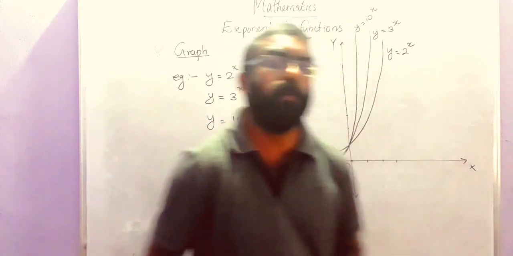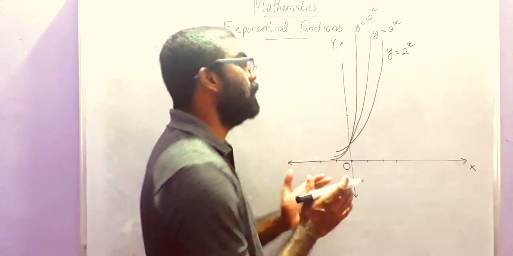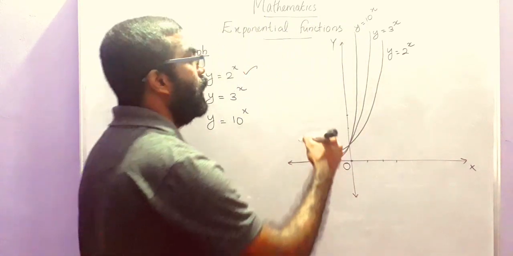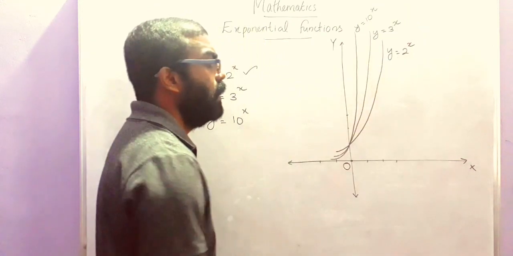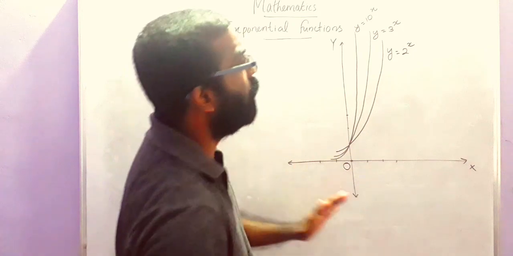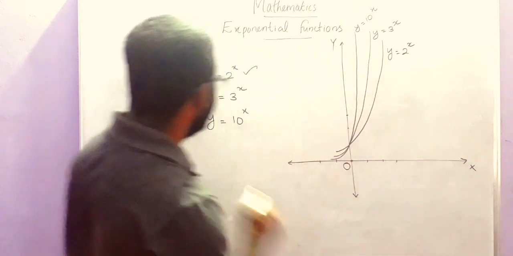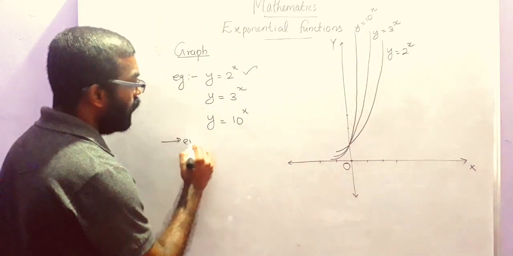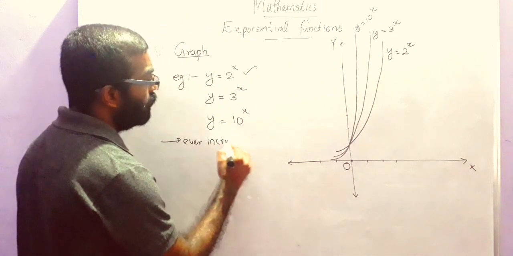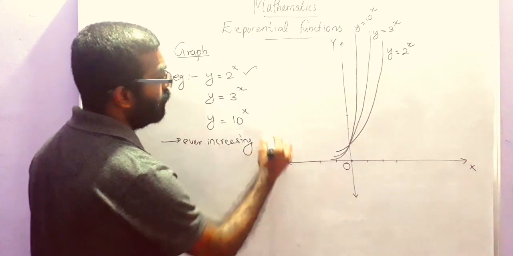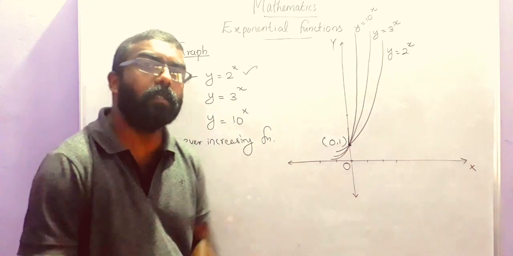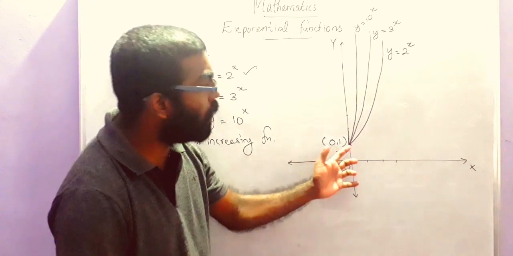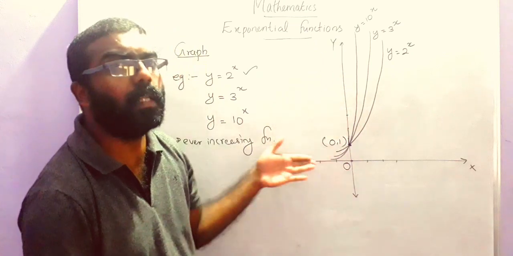So we can observe from the graph that this function, that means the exponential function, is an increasing function, an ever increasing function. As the x value increases, the y value also increases. And the second one is that 0, 1 is a point on the curve.